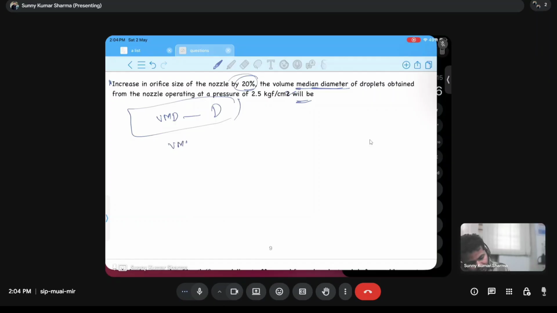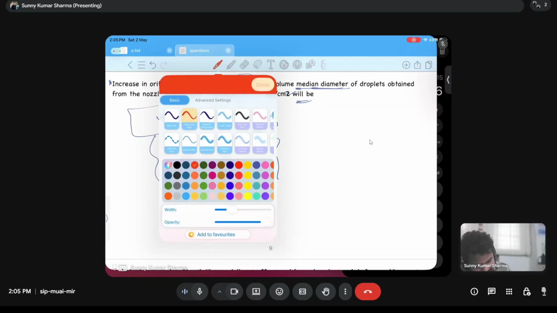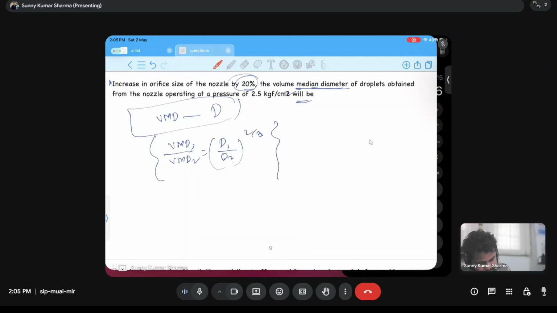The relation is VMD1 by VMD2 is equal to D1 by D2 to the power 2 by 3. If you remember this formula, then we can easily solve what is given in the question. So increasing the orifice size of the nozzle by 20% means D2 is equal to 1.2 D1.